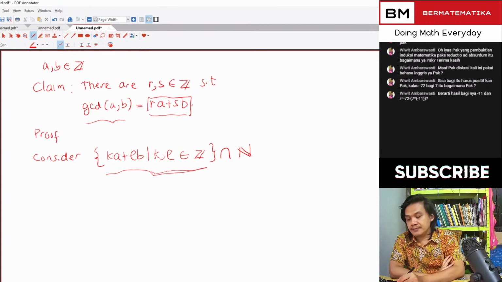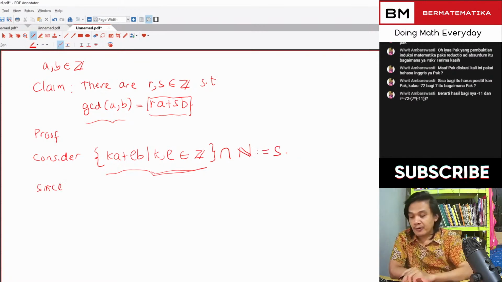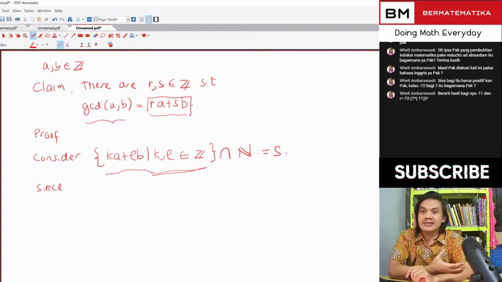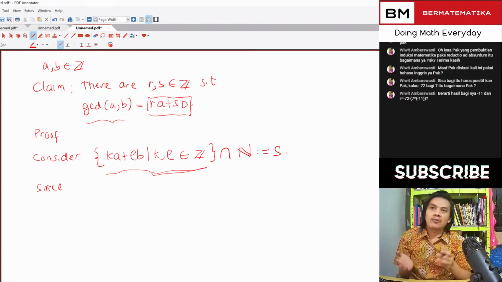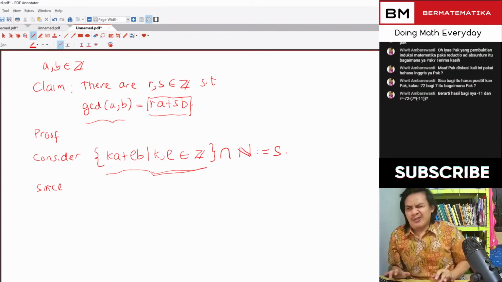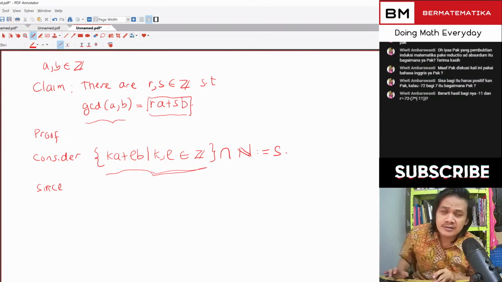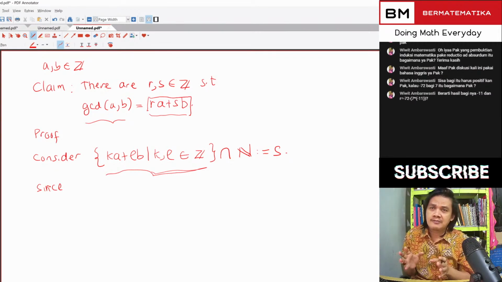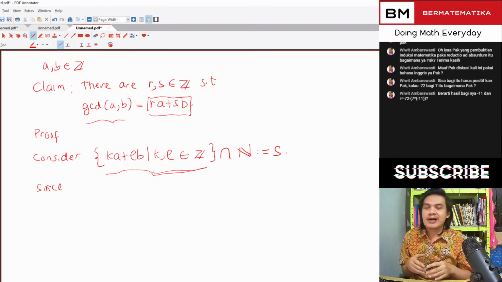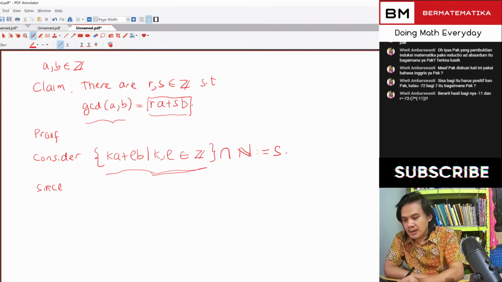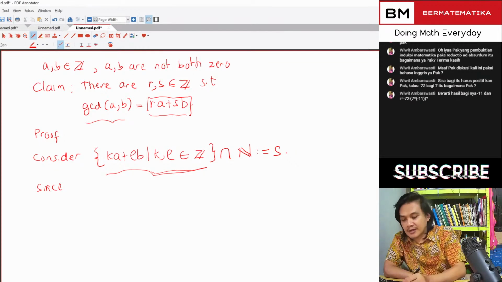Since, first of all, we need to emphasize that when we define GCD, A and B cannot be both 0, because we cannot define the GCD of 0 and 0, right? Why? Because any integer divides 0. So there is no greatest integer which divides 0, right? So A, B are not both 0.